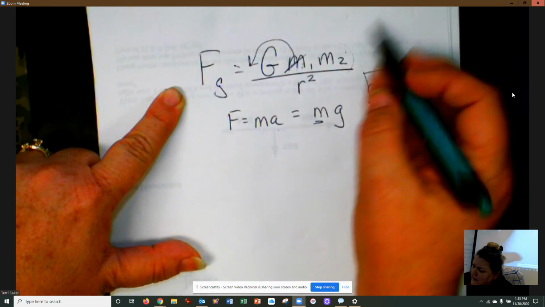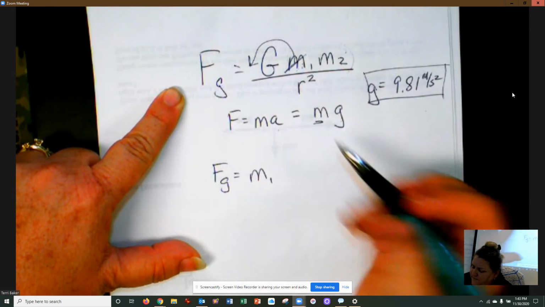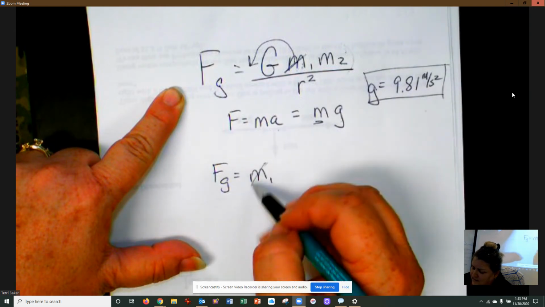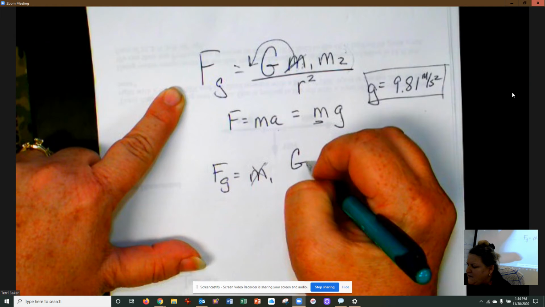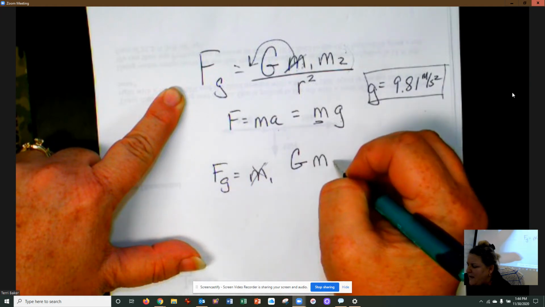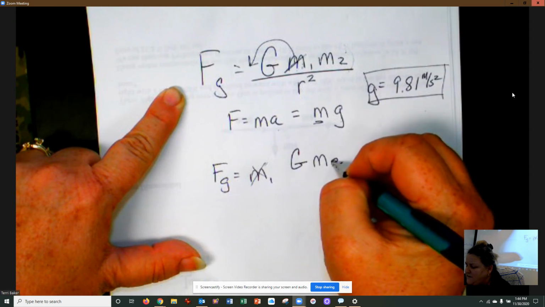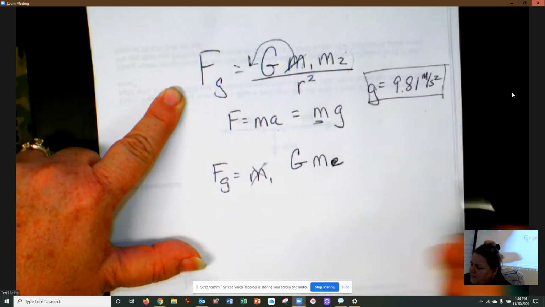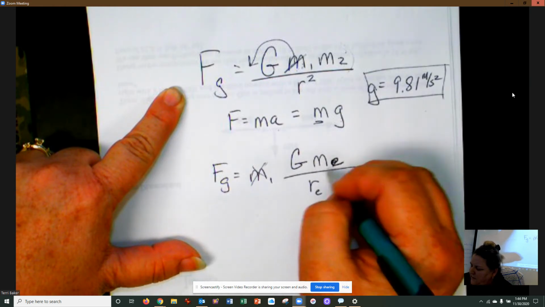But what's left if we take m1, which for all practical purposes can be excluded, is big G, mass of the second object, which in this case is the mass of planet Earth, divided by the radius of planet Earth squared.